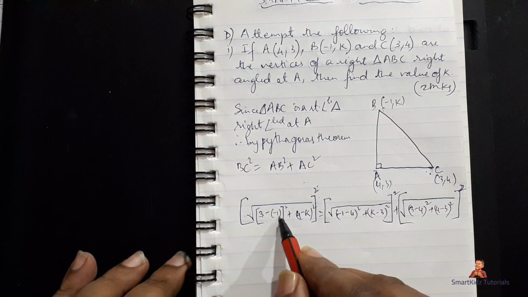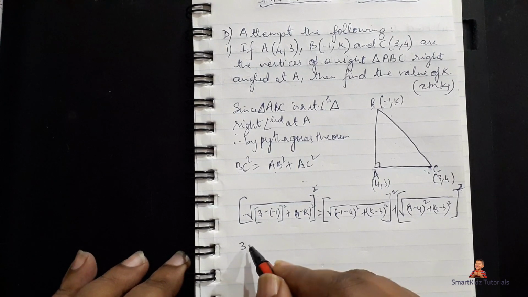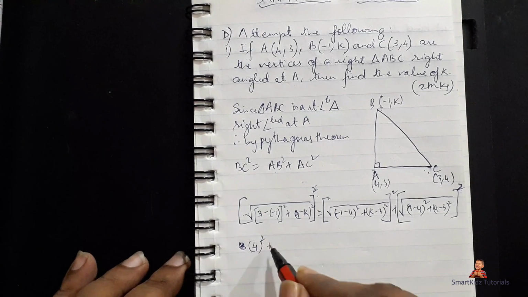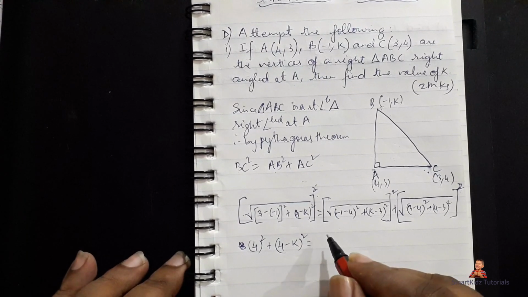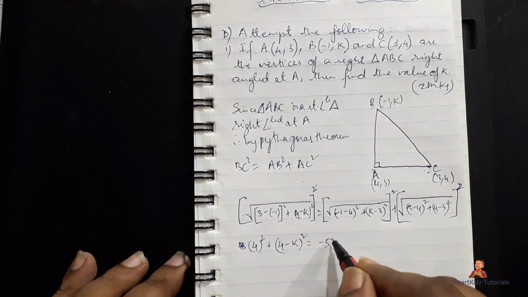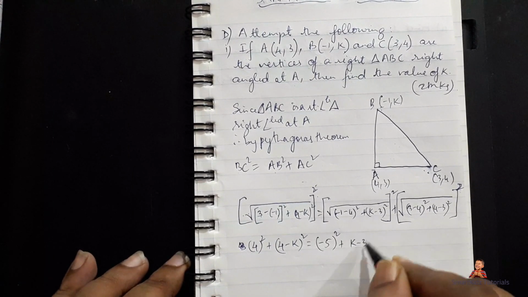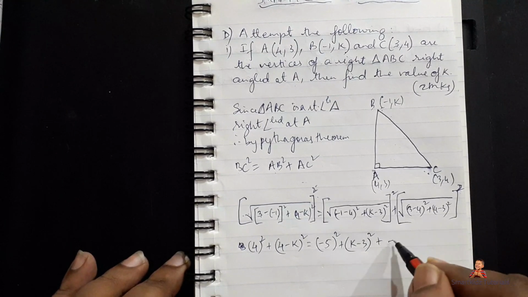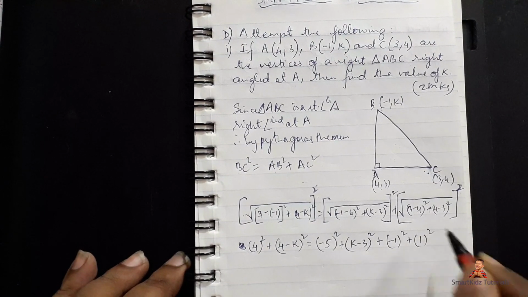So 3 minus minus 1, that means we get 3 plus 1, which is 4. So straight away we write 4 square plus 4 minus k whole square equal to, next one will be minus 5 whole square plus k minus 3 whole square plus 3 minus 4 is minus 1 whole square plus 4 minus 3 is 1 whole square.